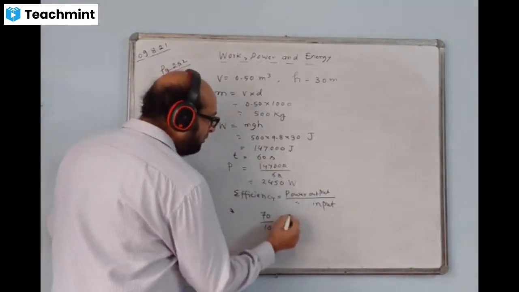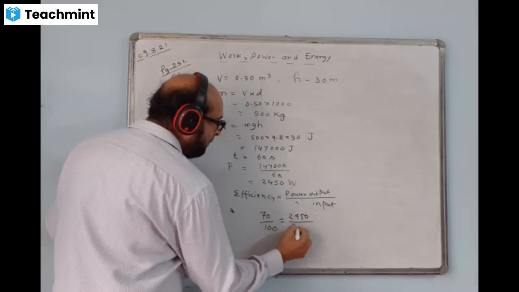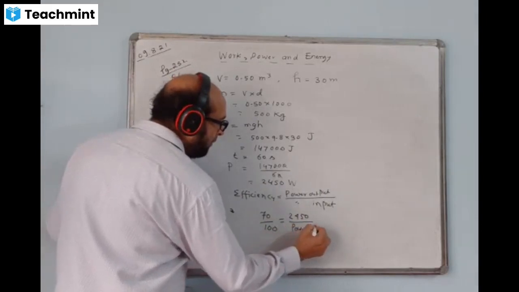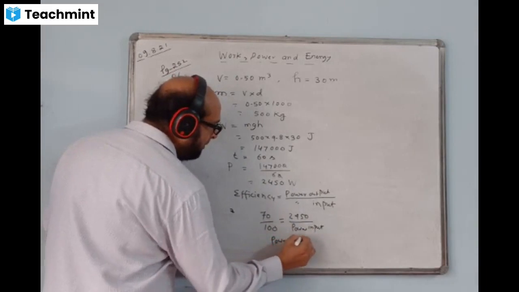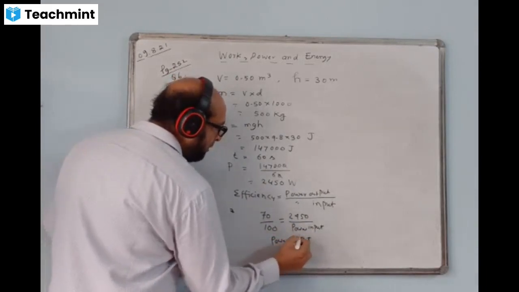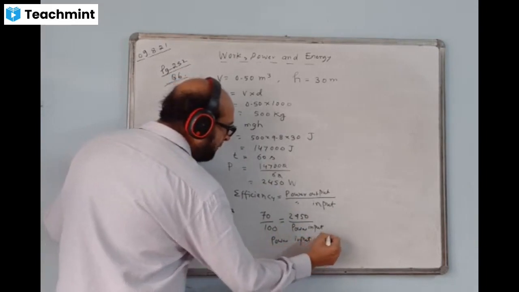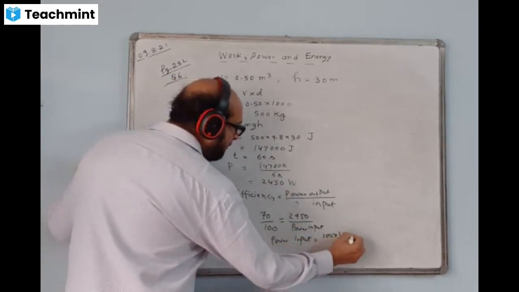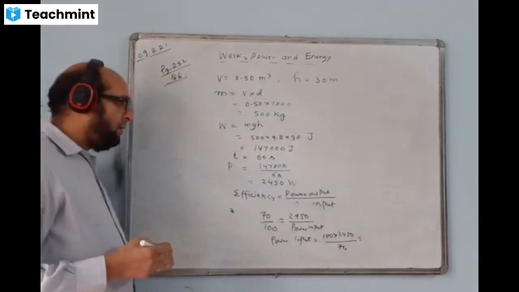Power output value is 2450, and power input you have to find. What is the power input coming now? Cross multiply and get that. Therefore, power input is equal to 100 into 2450 divided by 70. Give me the answer. What is the answer?